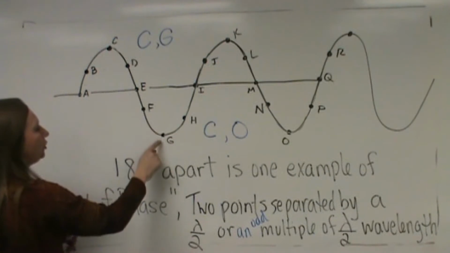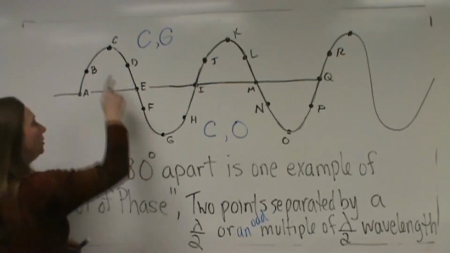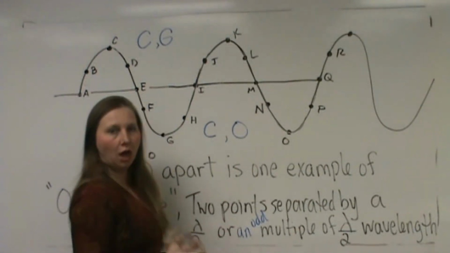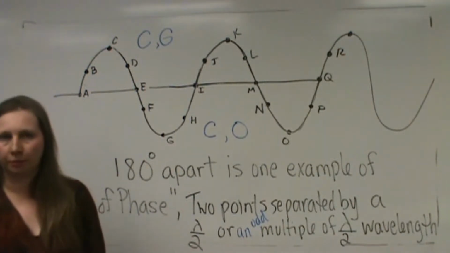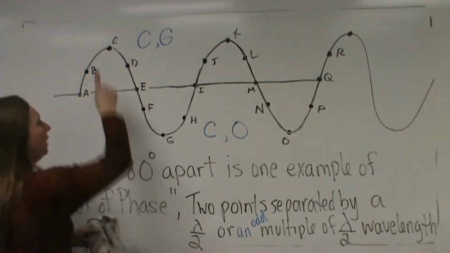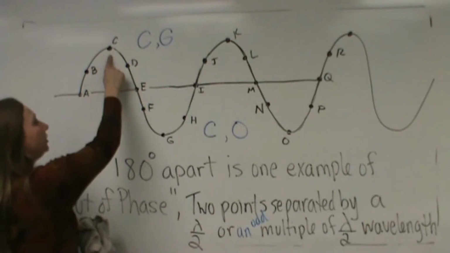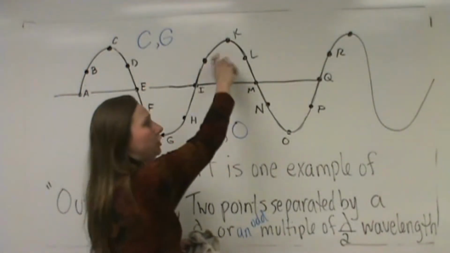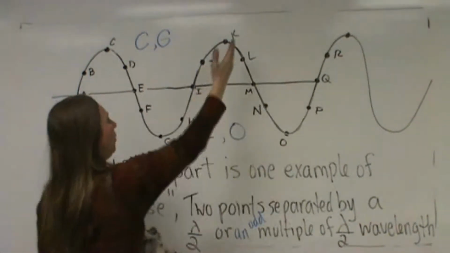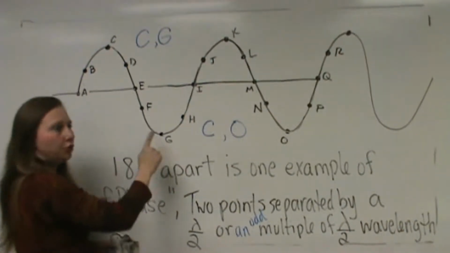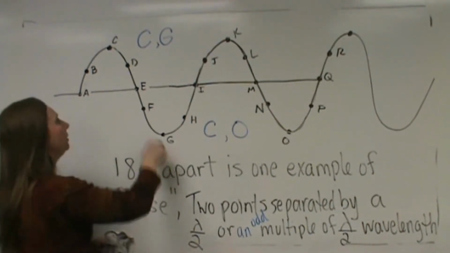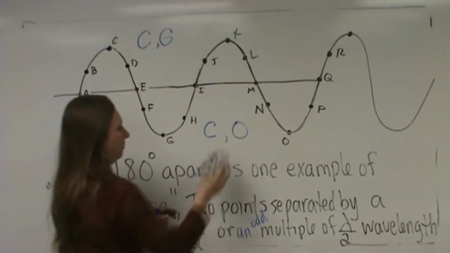All right, so C and G are 180 degrees apart. C and O are 180 degrees apart. How did I find C and G? I looked at C, I found K, which is 1 wavelength apart, and I went right in between them and found G, which is half a wavelength away from C.